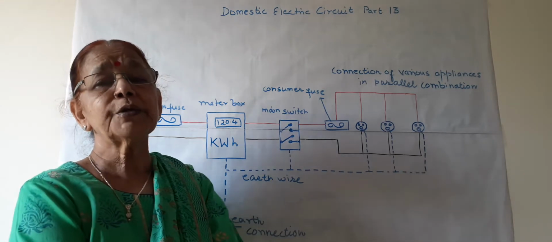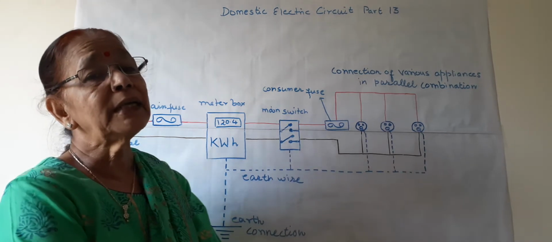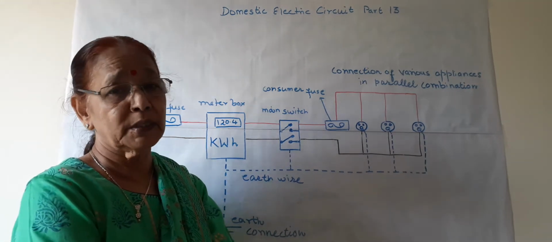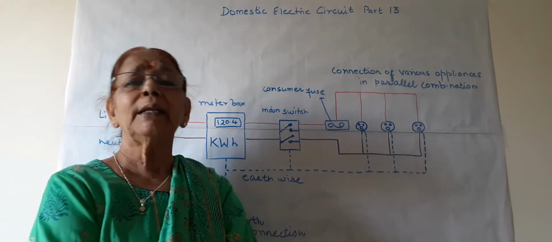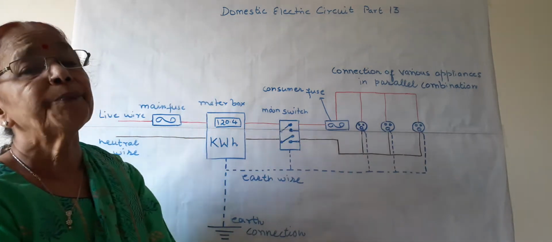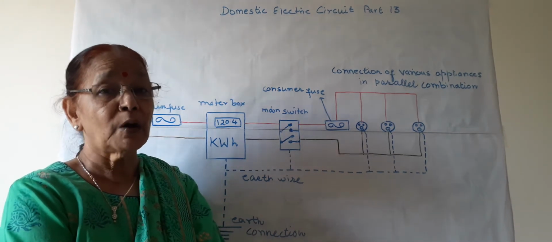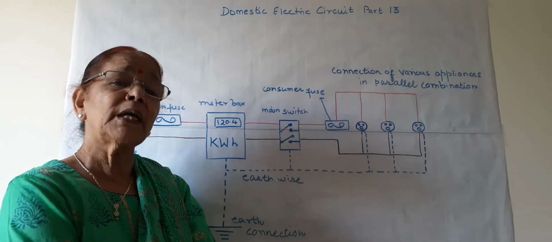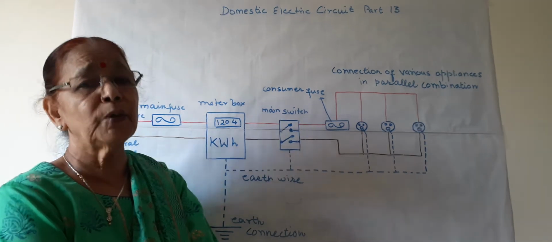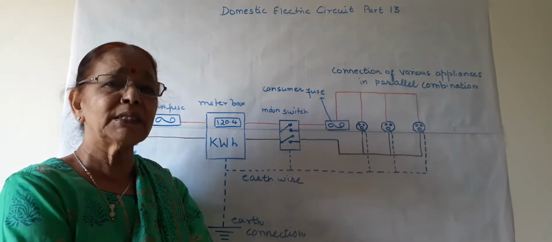Now, the question arises: from where is the electricity coming to our houses? All of us know that electricity is generated in big power stations or powerhouses, which can be hydropower stations, nuclear power stations, or thermal power stations.